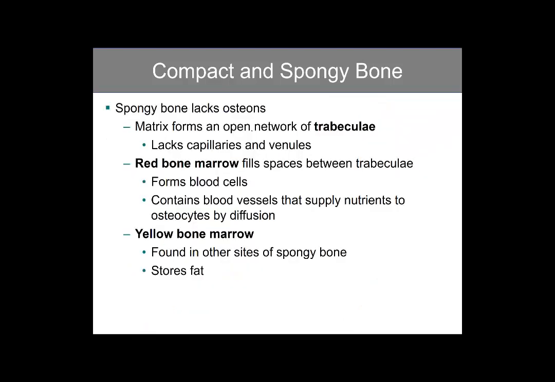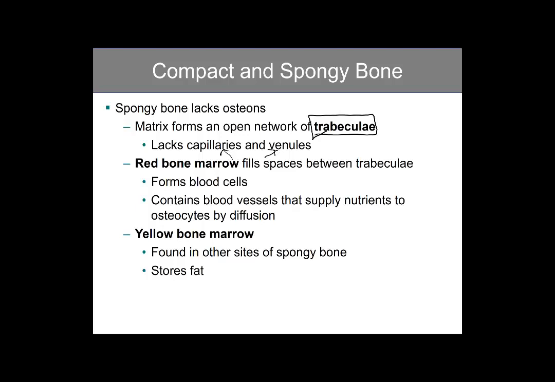Spongy bones lack osteons. Instead, their matrix forms an open network of struts that are called trabeculae. Okay? They lack capillaries and venules, so these are arterial vessels, and these are venous vessels. And we find spongy bone within the medullary cavity, surrounding the medullary cavity of the bone, where we find our marrow.